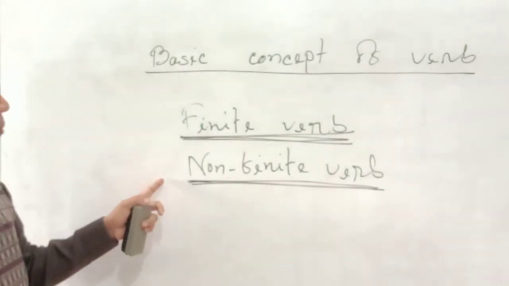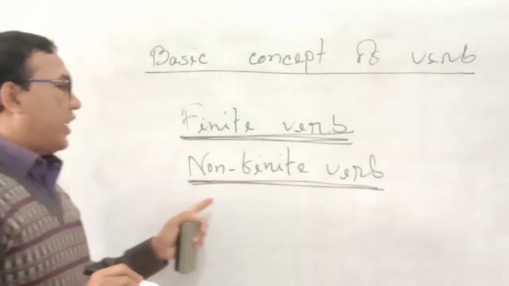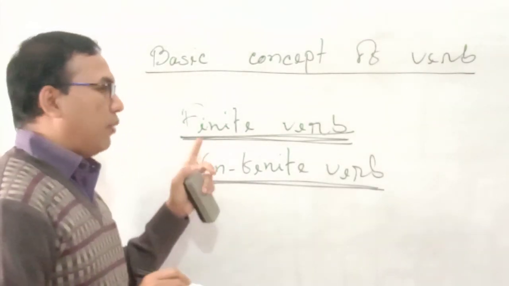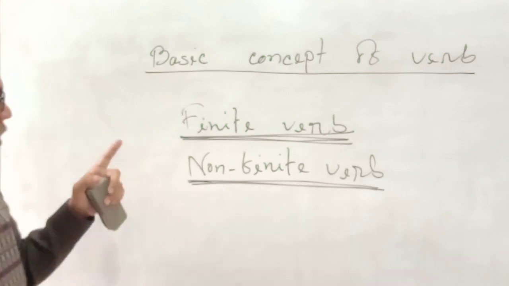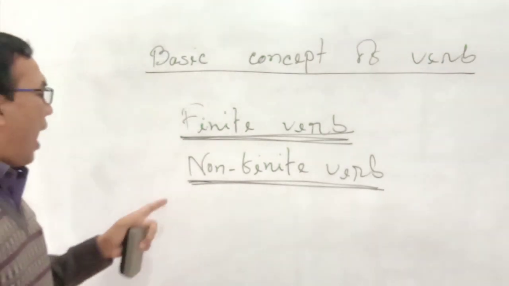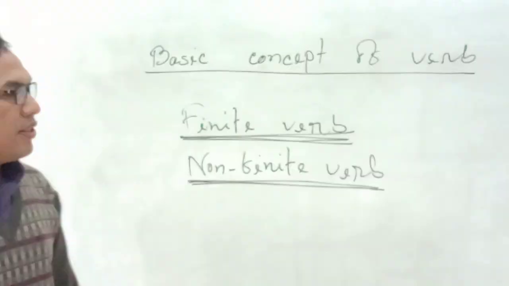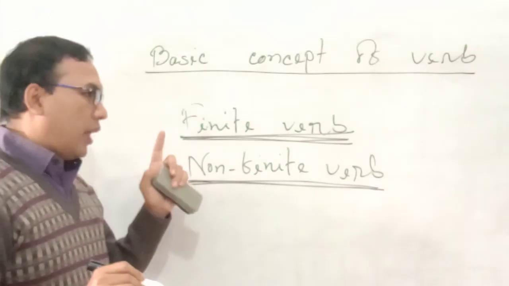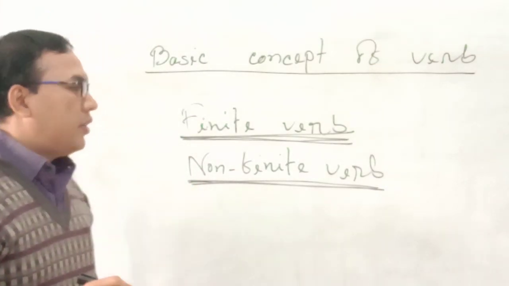A non-finite verb is a verb that cannot express a complete sense without the help of a finite verb, and it always remains unchanged. A non-finite verb doesn't change with the change of the number and person of a subject or with the change of tense.